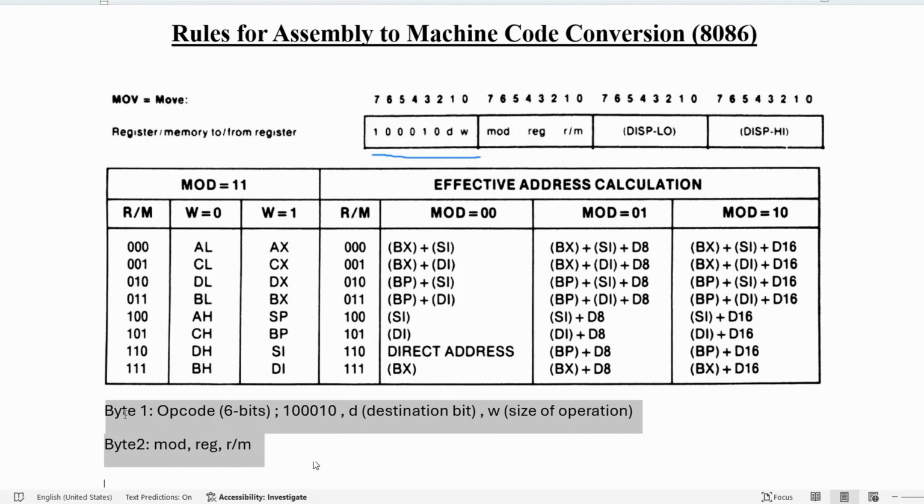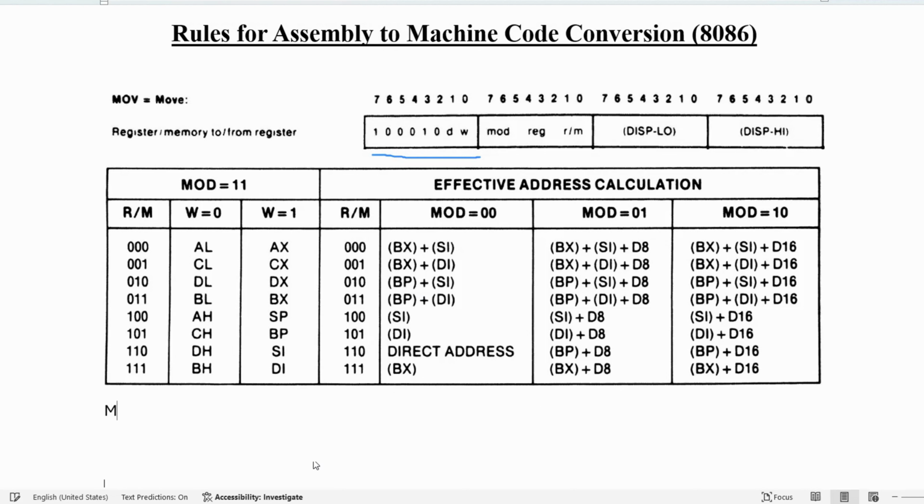Let's say my instruction is move AX comma certain memory. Or we can take the very basic instruction, which is move AX comma BX. First of all, the first thing you will do is the opcode. Opcode is given in the format as 100010, so I will simply write 100010.